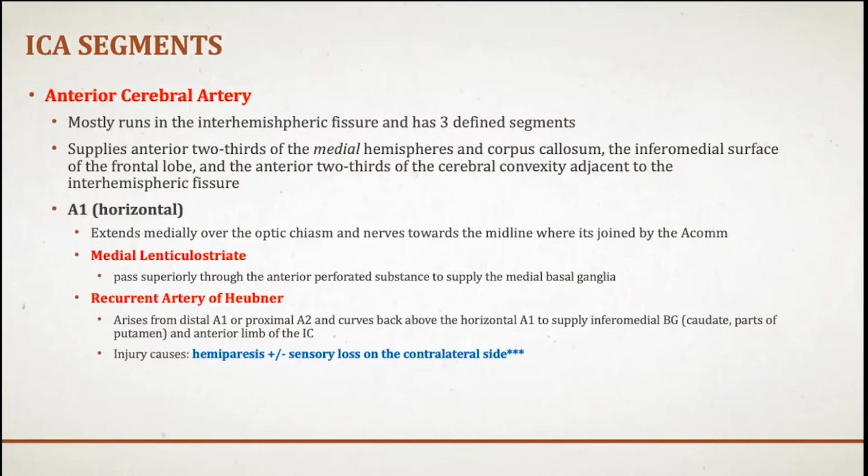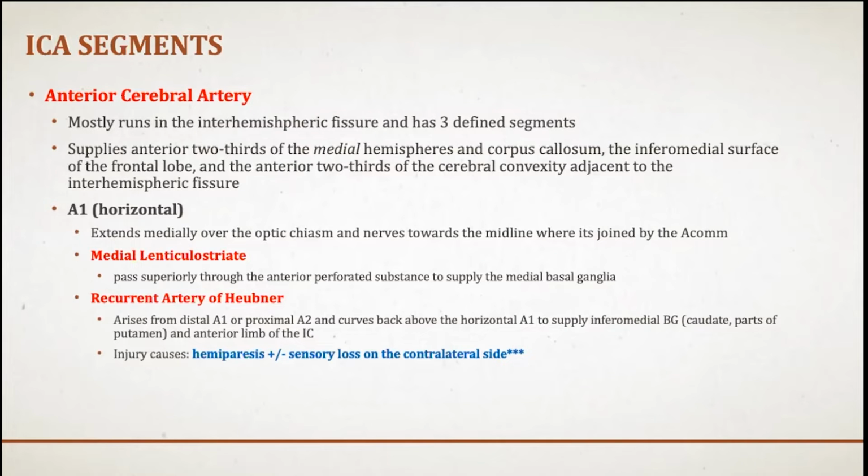Like I said, this arises from the distal A1 or the proximal A2, and it curves back above the horizontal A1 to supply the inferior medial basal ganglia. It supplies the caudate, parts of the putamen, and the anterior limb of the internal capsule. An injury to this vessel causes hemiparesis and sensory loss on the contralateral side.